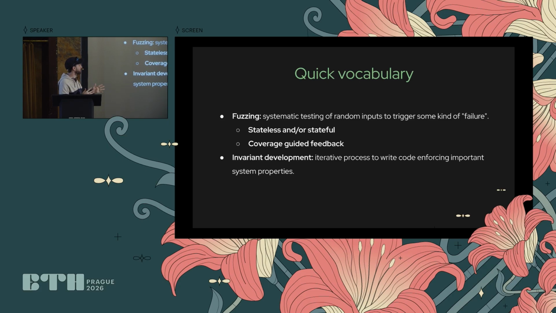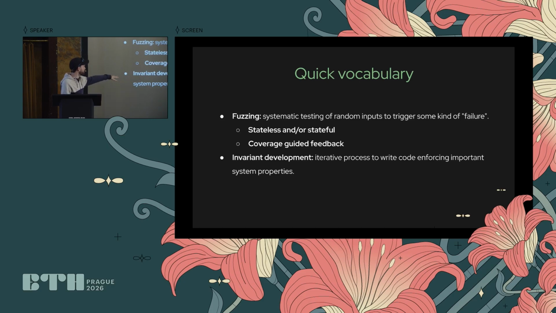So coverage guided fuzzing goes a bit beyond. Every time you execute, you get something back, some kind of value or state that you can compare. So you can say, well, I found something new, so I should keep exploring, or this is the same that I had before.